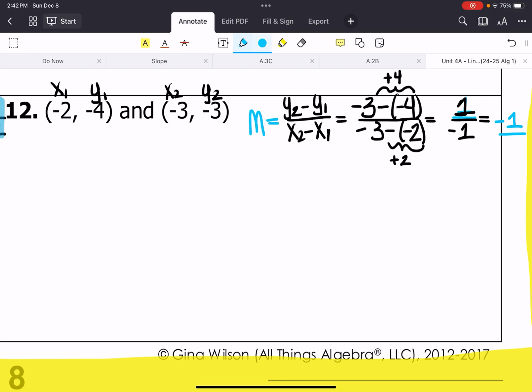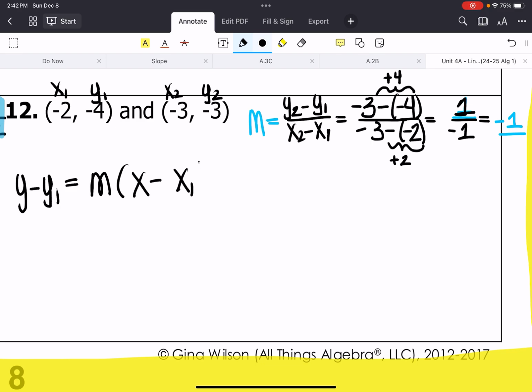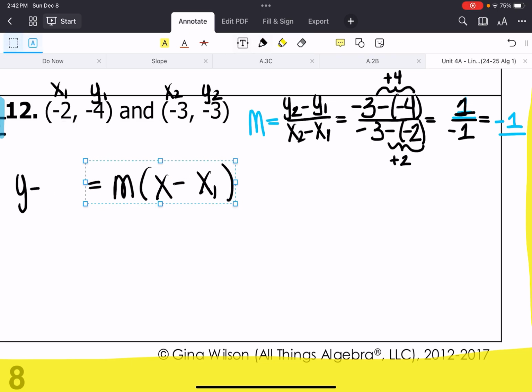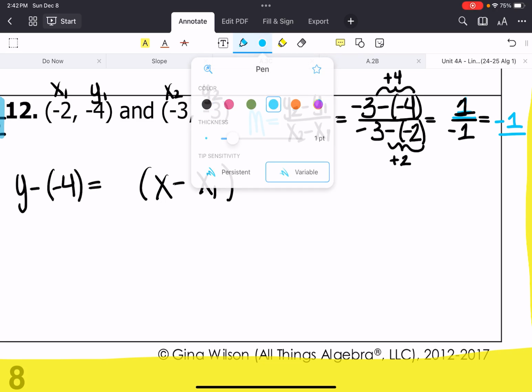Now we can plug it into our point slope form, where we have y minus y1 is equal to m times the difference of x minus x1. I'm going to use that first ordered pair still. y1 is negative 4. We just identified that m is negative 1.